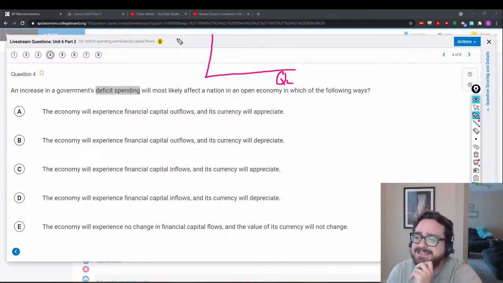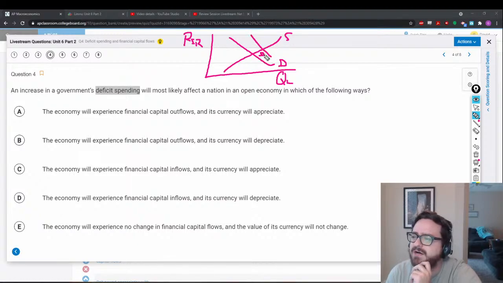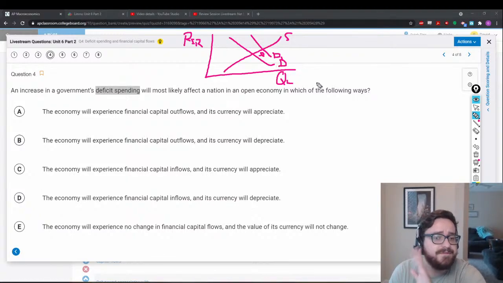Again, deficit spending is a loanable funds market thing. It's crowding out. Yet again, crowding out shows up a bunch. And again, crowding out is most often shown as an increase in the demand for loans. It could be shown as a decrease in supply. That's also allowed. It doesn't matter which one of those you pick, because either way, higher interest rate.